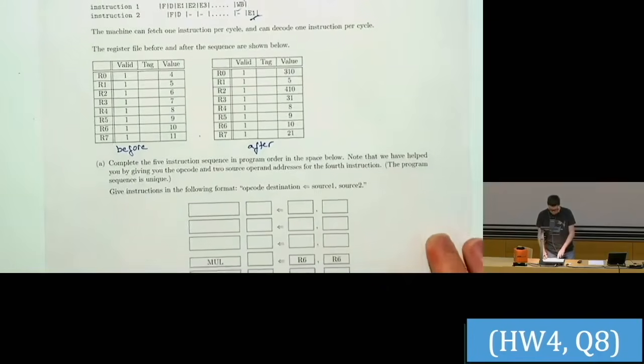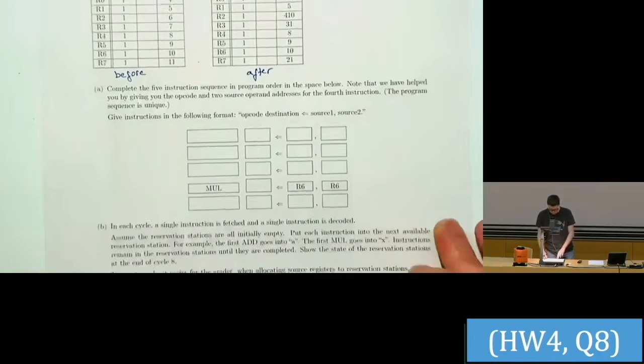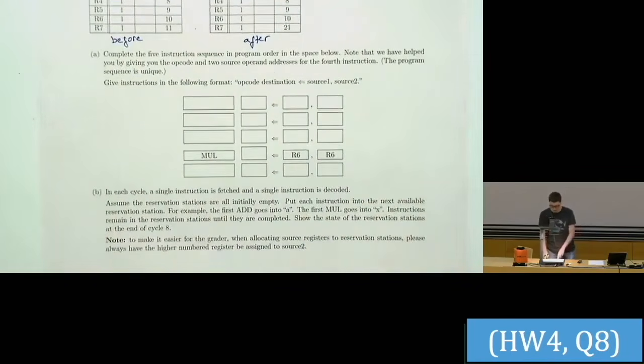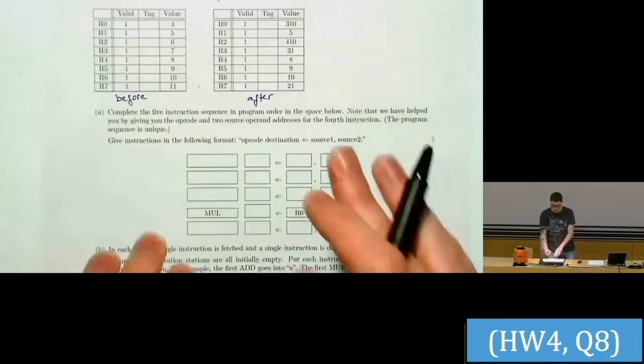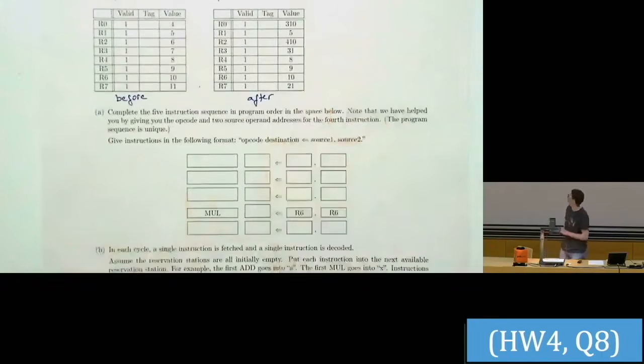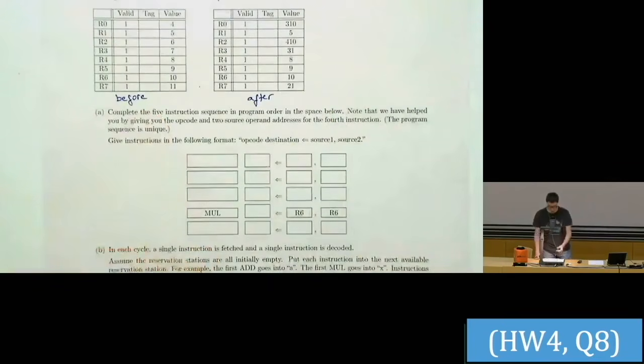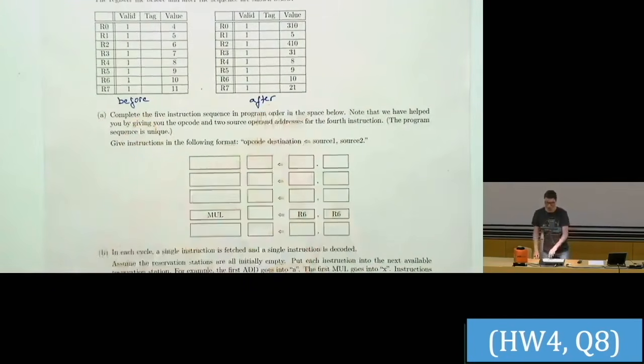So the question has multiple parts. One of them is figuring out an instruction sequence that's composed of 5 instructions based on the information given in this table. This part is how the values in the register file look before the execution of 5 instructions. And this is what happens after executing those 5 instructions.